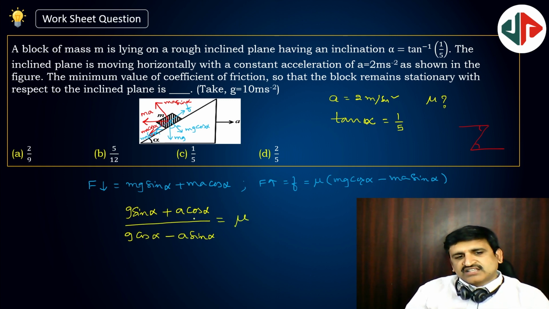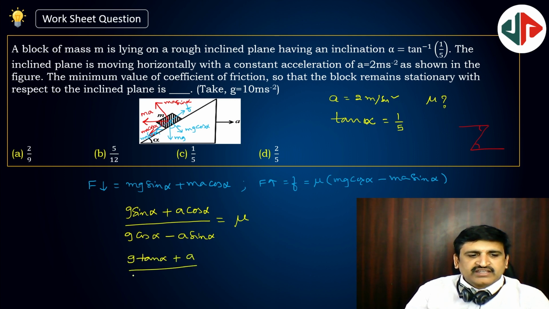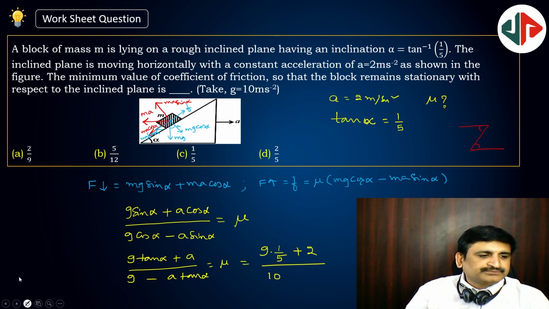So cos alpha can be taken common and cancelled, so that it will be g tan alpha plus a by g, cos alpha cancelled, minus a tan alpha is equal to mu, and you can substitute the numbers. g into tan alpha value 1 by 5 and plus a is 2 by g value 10. Here also 10 I will write.